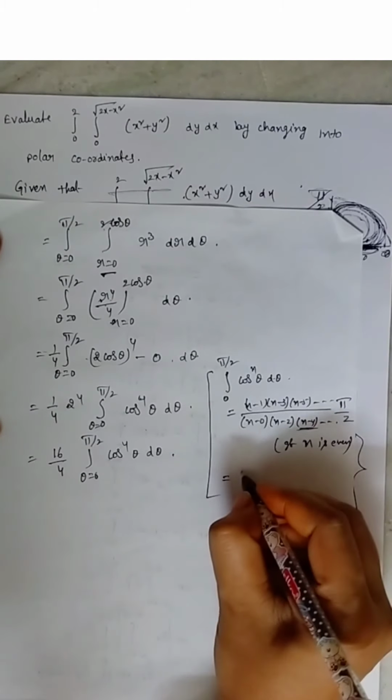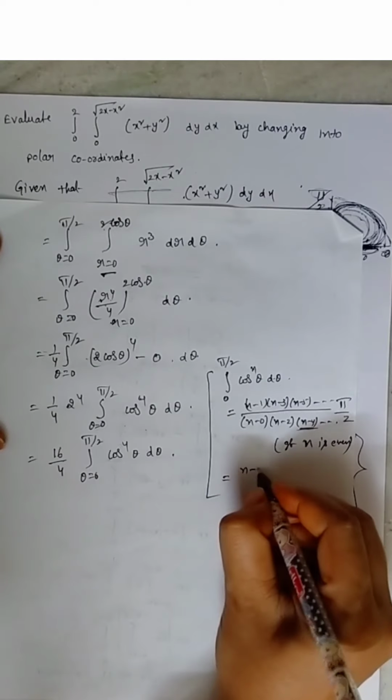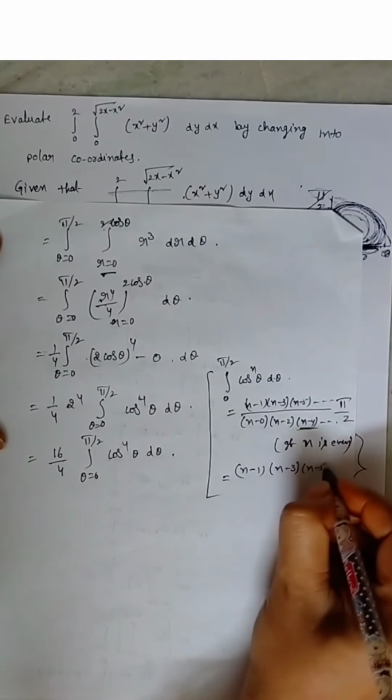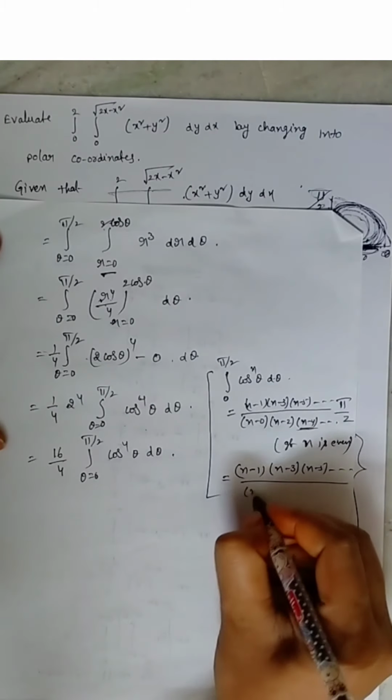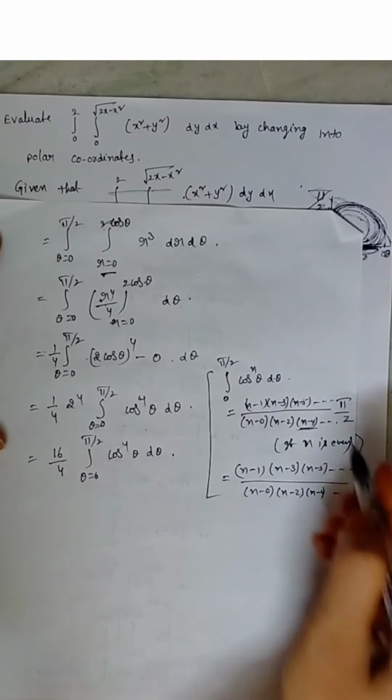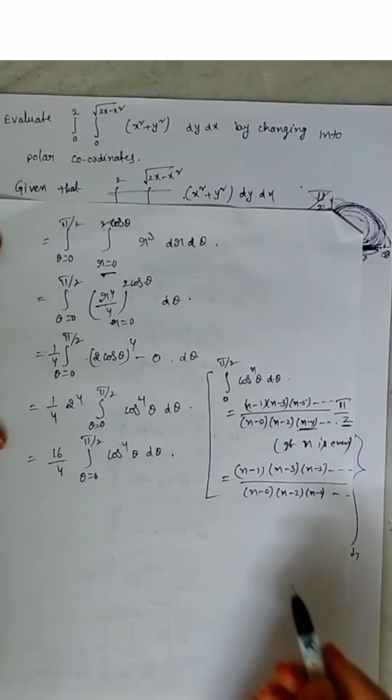If n is odd, what will be? (n minus 1), (n minus 3), (n minus 5) and so on, by n, (n minus 2), (n minus 4).